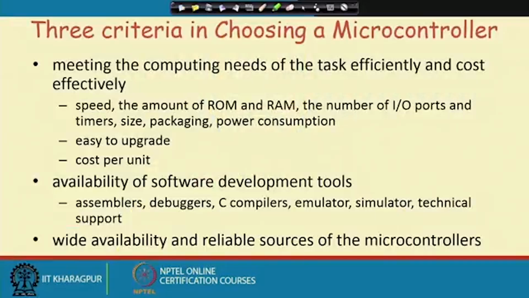As you can see, some of these decisions are based on the electronics, like speed, amount of ROM, RAM, etc., but many of them are economic also, like availability and reliable sources. Similarly the development platform is again not part of the basic hardware.